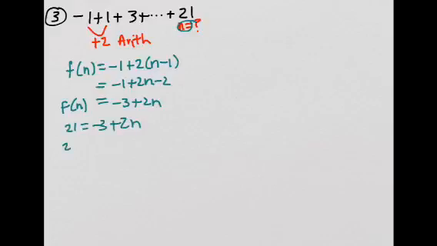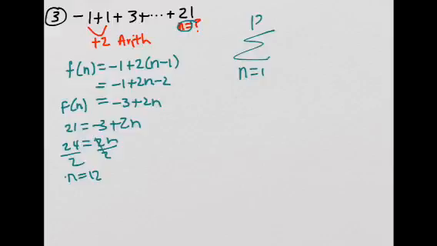Add 3, you get 24. Divide by 2, you get n is 12. So when you write it in sigma notation, it'd be n equals 1 to 12, because it's 12 terms. This is 12 right here. And the formula would be negative 3 plus 2n.